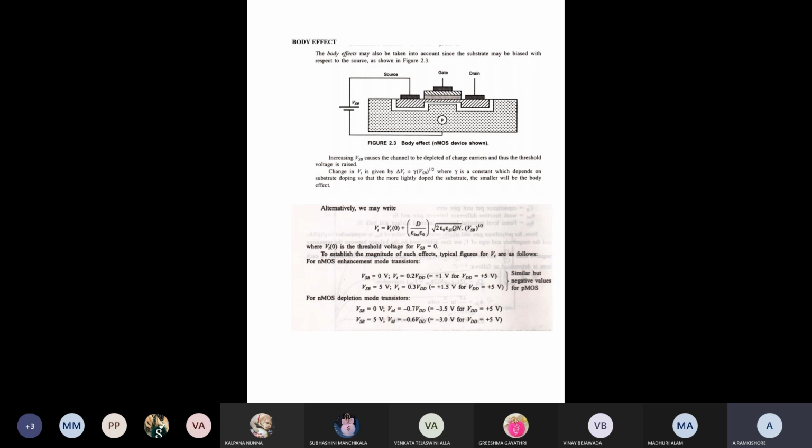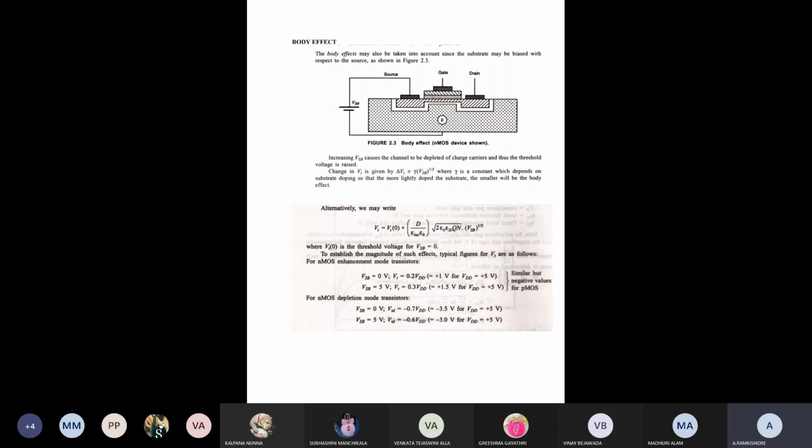So VSB2 and VSB1 are not the same for the same devices, and this variation of source to substrate voltage causes variation in threshold voltages.